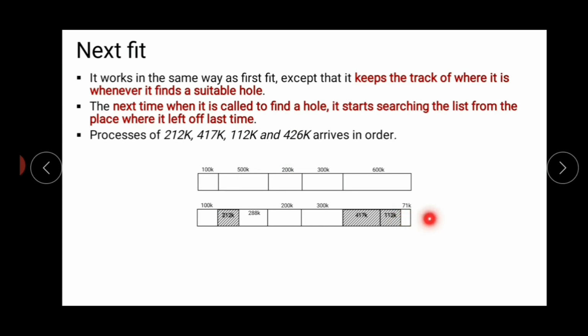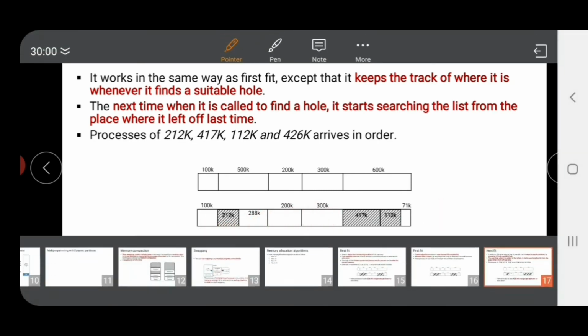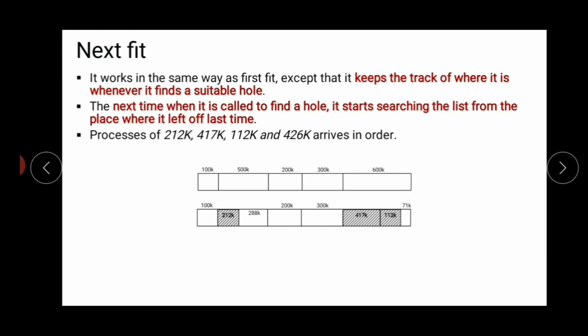There is no next free available slot, and from the starting point there is no free block to store this process. So this process will not get any block, same as in first fit. Here this 426K will not get any partition.